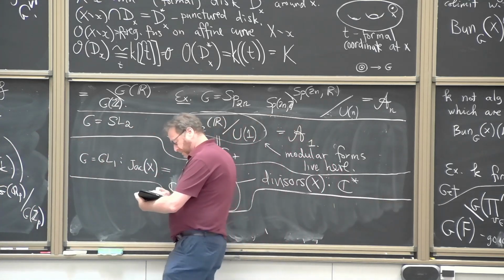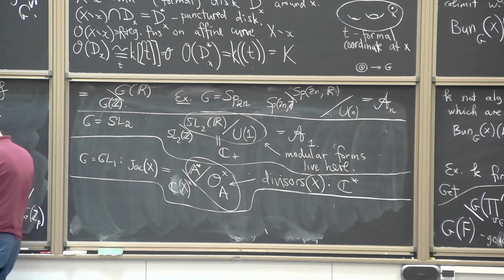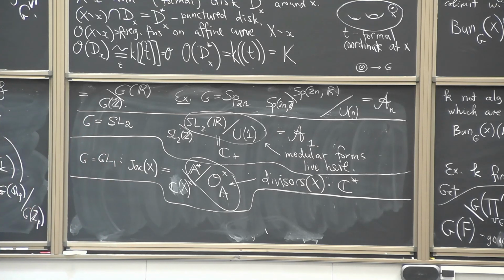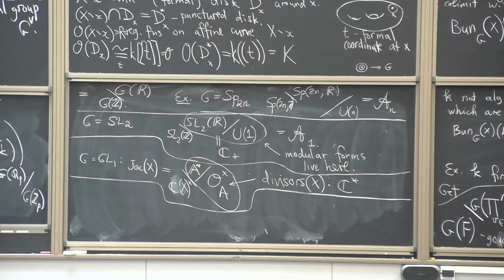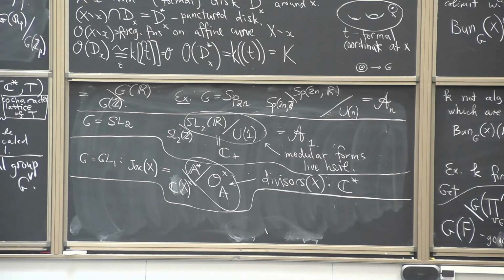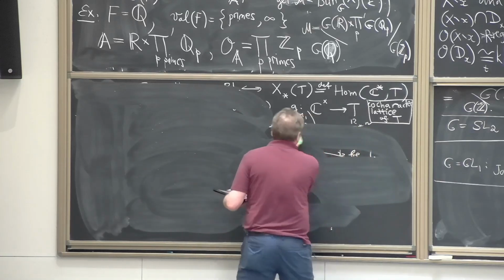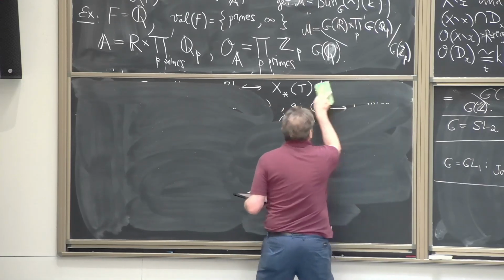All right. So now I want to start talking about the Hitchin system, which is the main thing I want to discuss. And for this purpose, well, the Hitchin system is an integrable system.